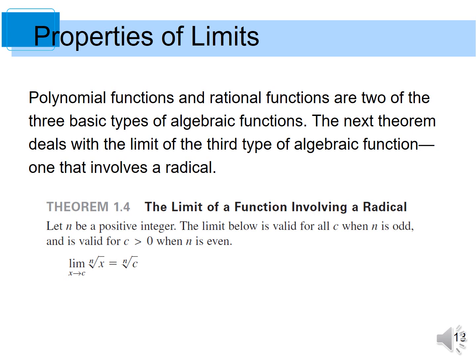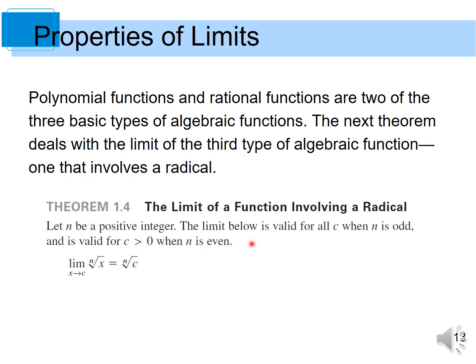Polynomial functions and rational functions are two of the three basic types of algebraic functions. The next theorem deals with the limits of the third type of algebraic function, one that involves a radical. Let n be a positive integer.